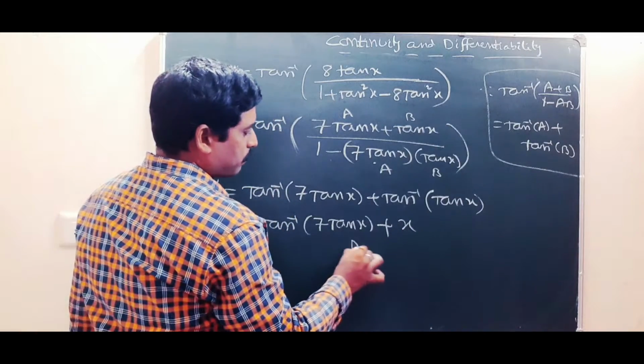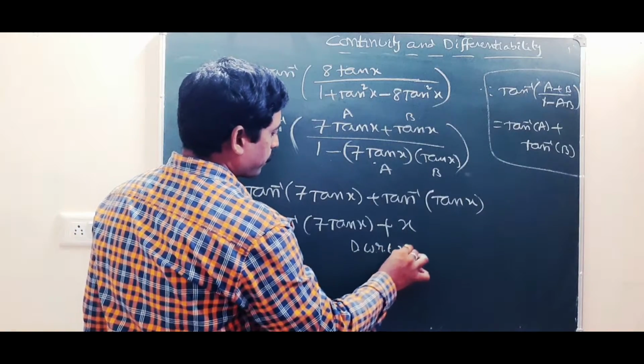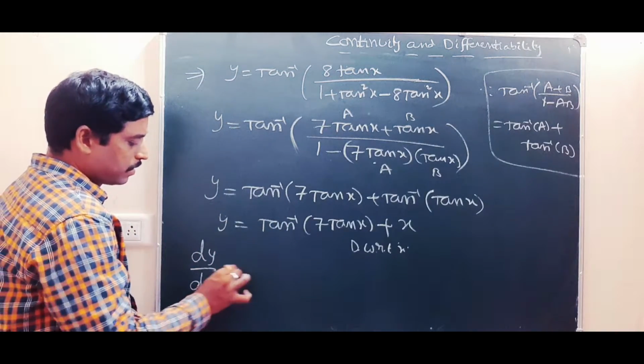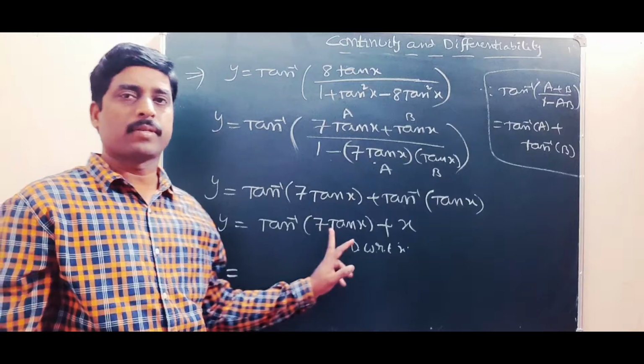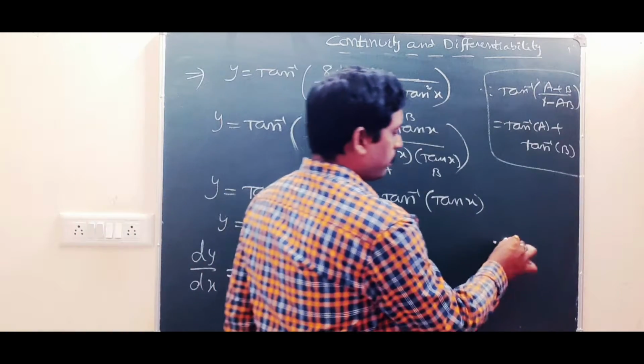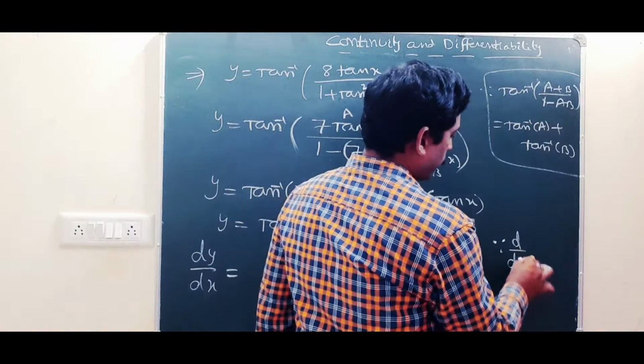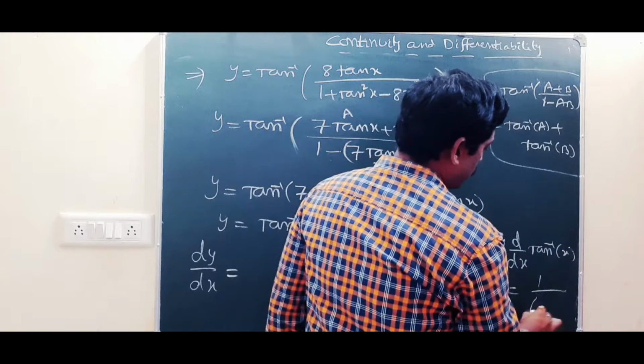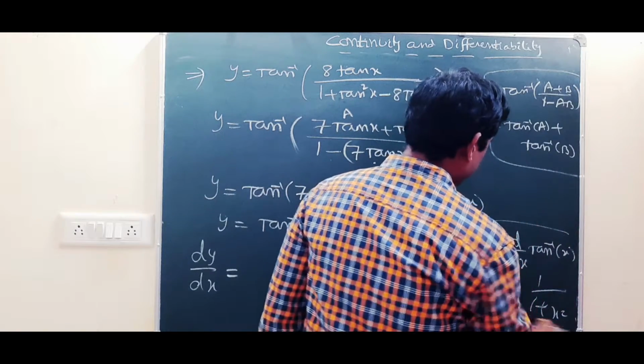Now differentiation on both sides with respect to x. Differentiation of y, we get dy by dx. So differentiation of tan inverse of x is 1 by 1 plus x square. Okay.